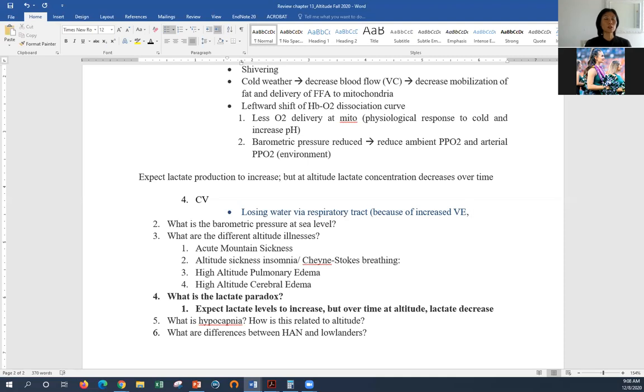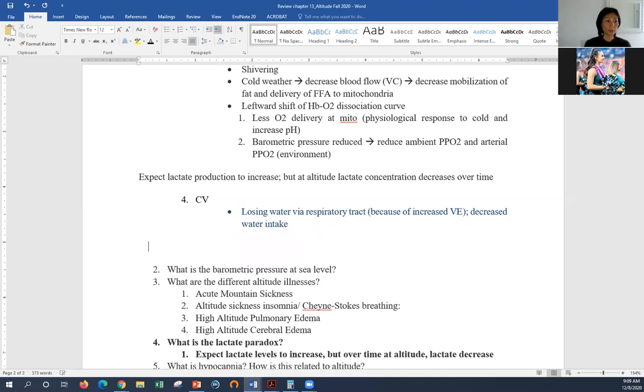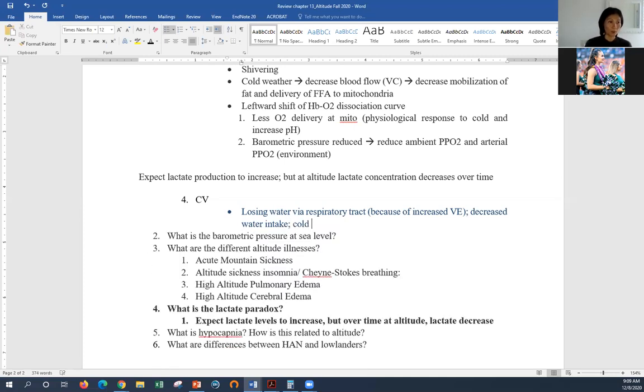Also, if we're cold, we typically don't have that sense that we need to hydrate. So in addition to increased water loss through our respiratory tract, we also have a decreased water intake. Also, if we are cold, we vasoconstrict.